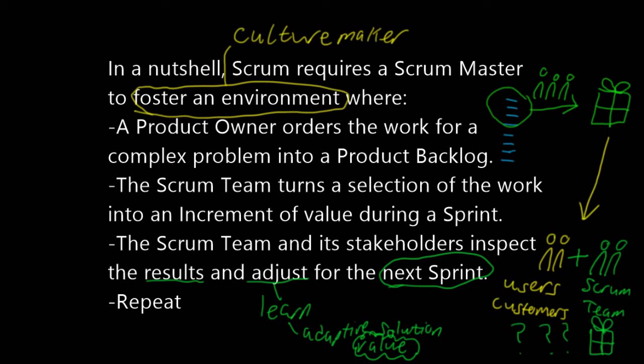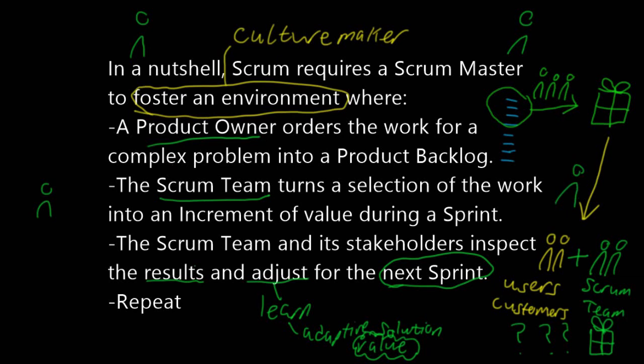So a Scrum Master helps a product owner on how to order their product backlog. What's the most effective way to do that? A Scrum Master fosters an environment where the Scrum team as a whole turns a selection of the work into an increment of value. So it's not just, well, I'm a developer over here doing my work, and, well, I'm a tester, I'm doing this, I'm QA, well, I'm a business analyst, I'm doing user stories, this and that.